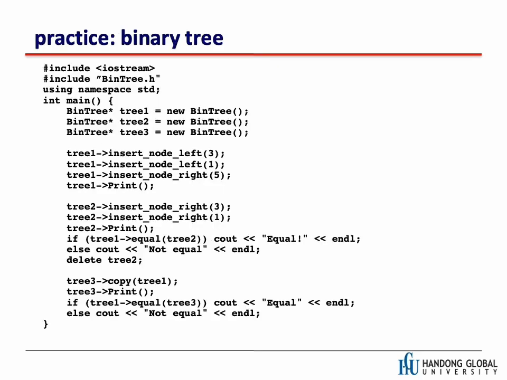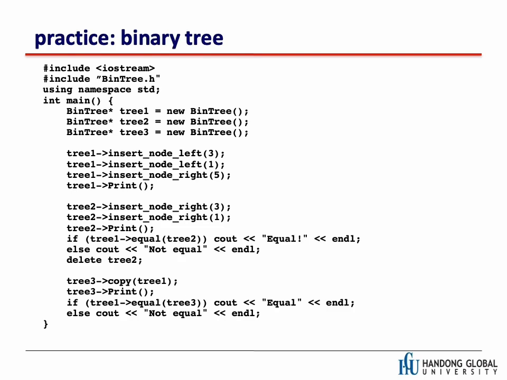Now let's assume that we have a binary tree class with all the implementations. Then in the main function, we can try many different experiments. First we declare tree1, tree2, and tree3, and they point to the memory space for a binary tree. Tree1 will insert 3 and 1 at the leftmost leaf node, and we implement another simple insertion function, insert node right.